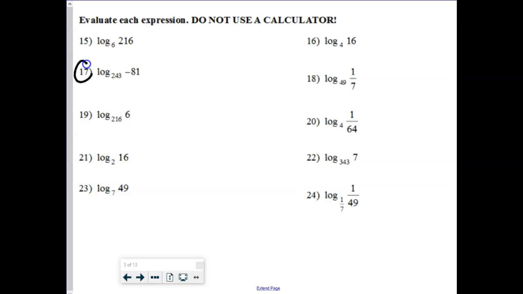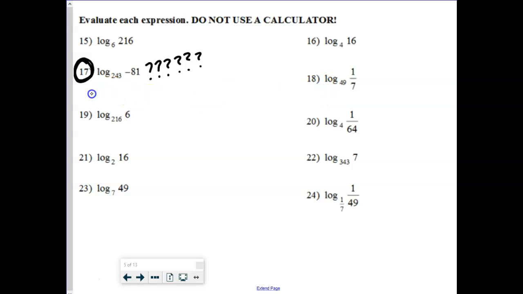So, can we look at 17 real fast? Think. Log, any base, applied to a negative 81. It's a thinker, isn't it? If I just keep writing question marks, does that help?